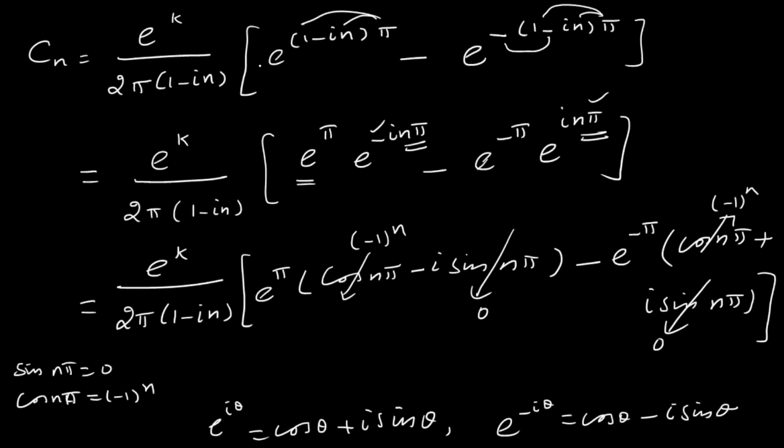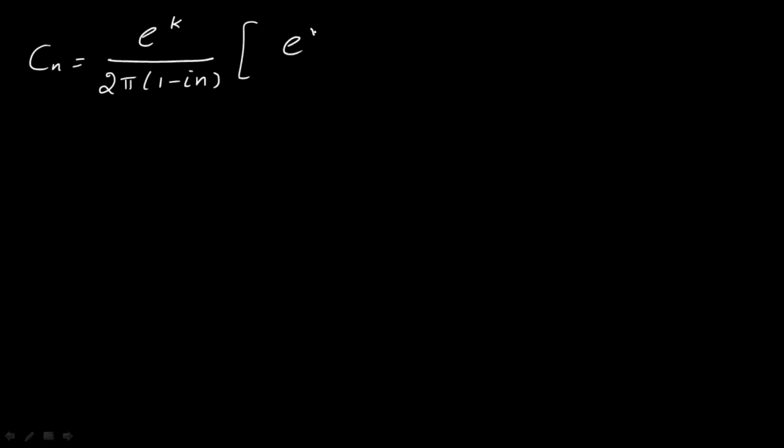So you have Cn is equal to e power k over 2 pi of 1 minus in, of, so here e power pi is in product with minus 1 whole power n. That is your first term. So e power pi times minus 1 whole power n.